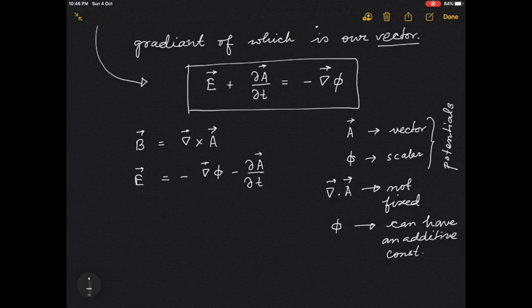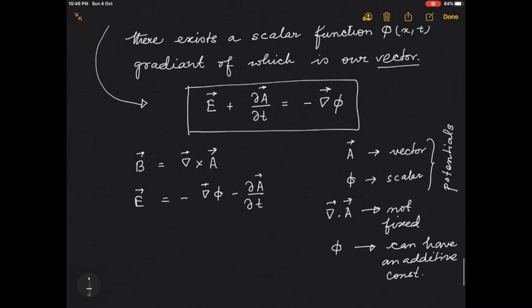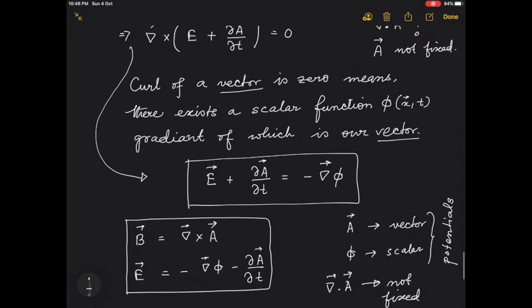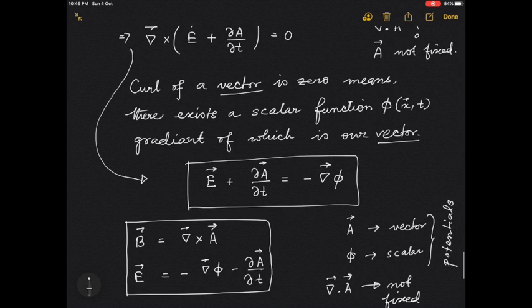Well, of course, you immediately also recognize that A can also have an additive constant because I am taking only the derivatives of A. A constant which doesn't depend on either x or t. Now these two relations, for writing down the electric fields and the magnetic fields in terms of the potentials, we have got using the two homogeneous equations.